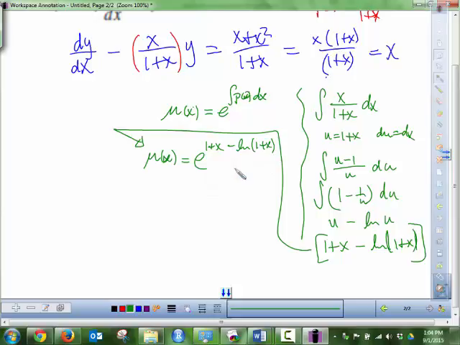So let's see how this breaks down. This is e to the 1 plus x divided by e to the ln of this, and then that just becomes 1 plus x. Is that okay? You guys comfortable with the logarithms?